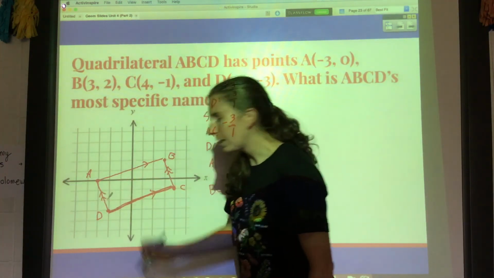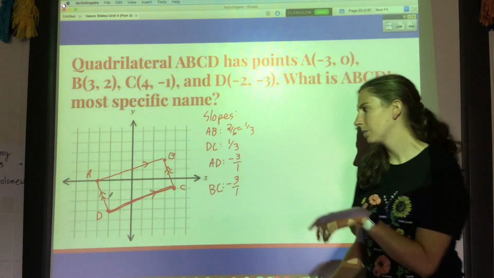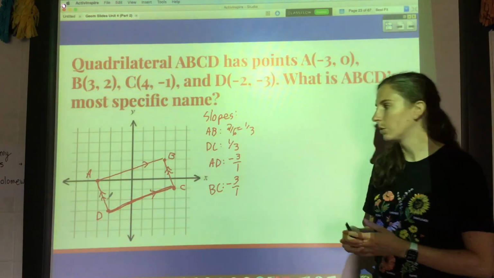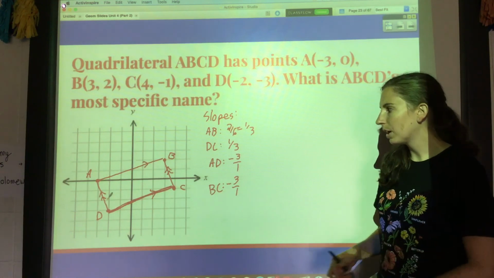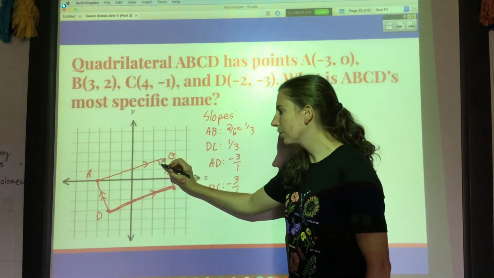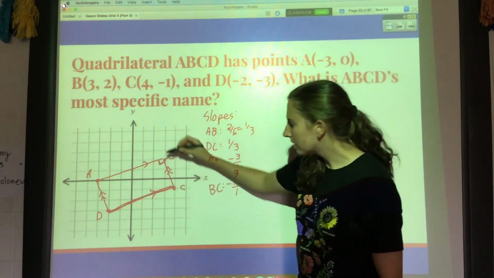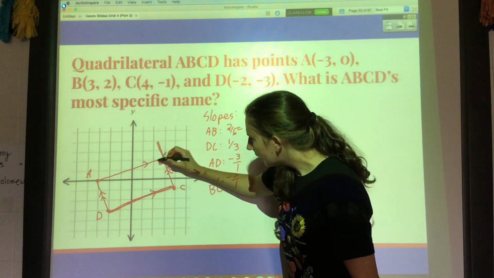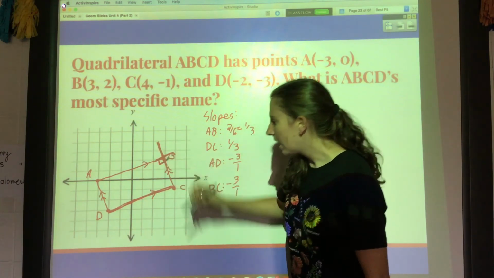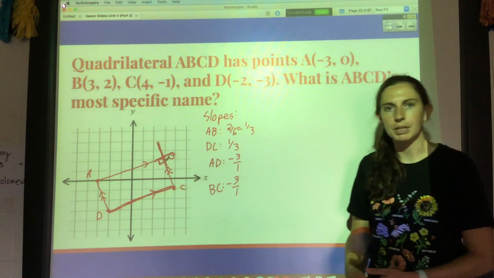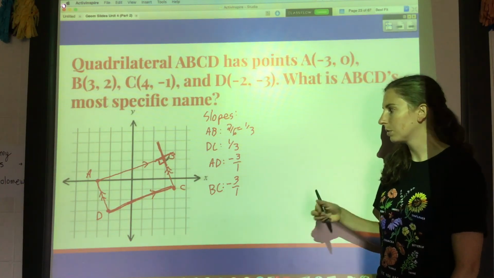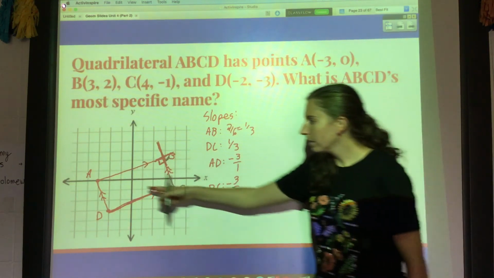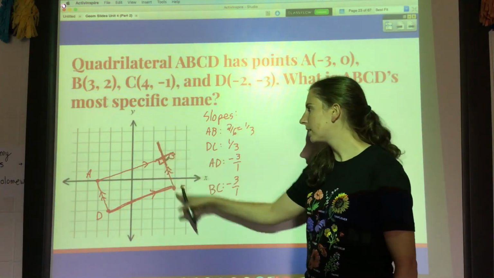It might also be a rectangle or a rhombus, probably not a square, but it could be one of those two. To be a rectangle, remember, I've got to have 90-degree angles, which means these have to be perpendicular. And remember, the way we tell if they're perpendicular is, are the slopes opposite reciprocals? So like, compare the slope of AB and BC.